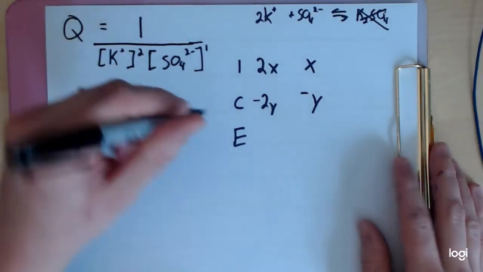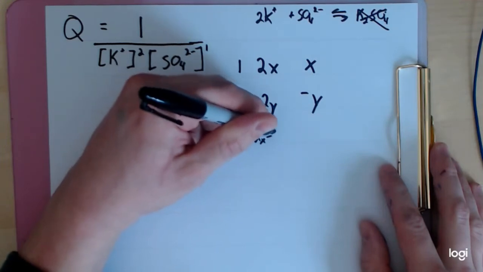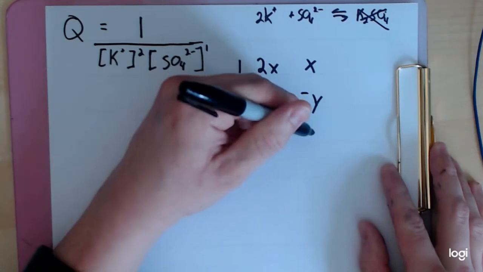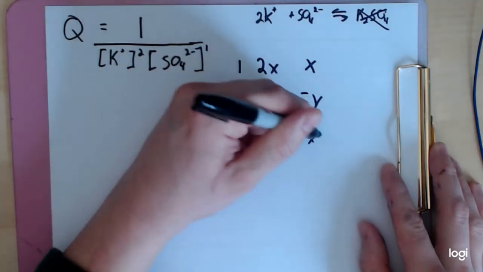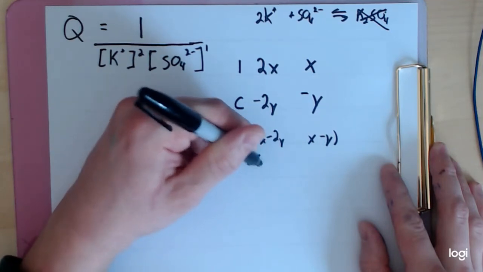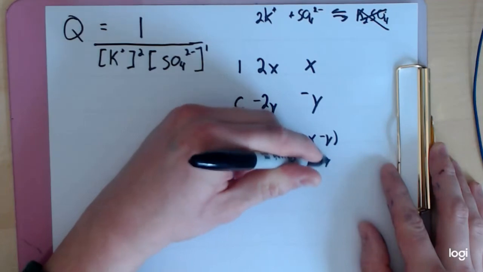And so at equilibrium, you have 2x minus 2y, the initial plus the change. And for sulfate, you have x minus y. Or you can rewrite this as 2 times x minus y, and this is just x minus y.